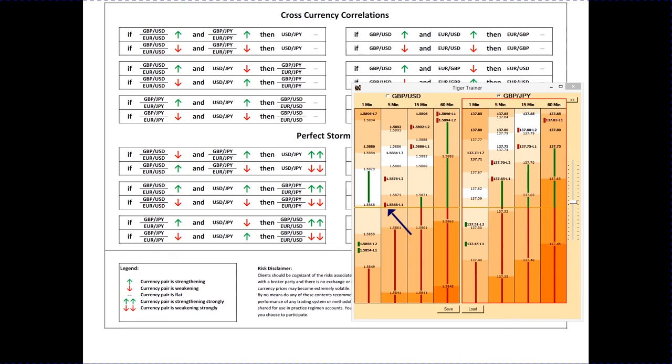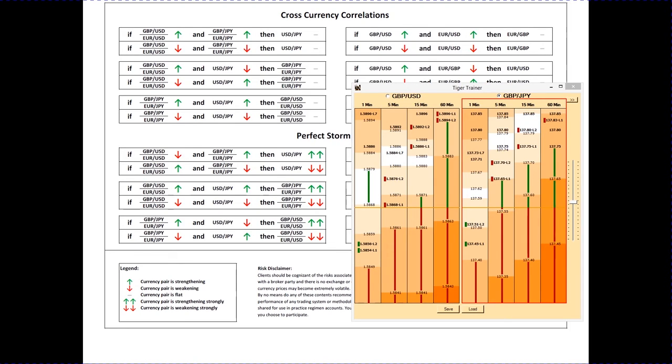So trying to go short here. This area looks okay. You can get back to the 1 minute. All good. But if pound yen is not at resistance, you do not want to be getting in. You want to wait for pound yen to get to resistance.